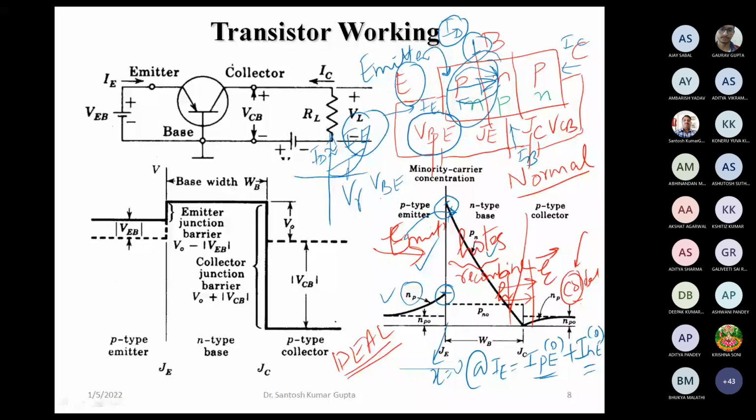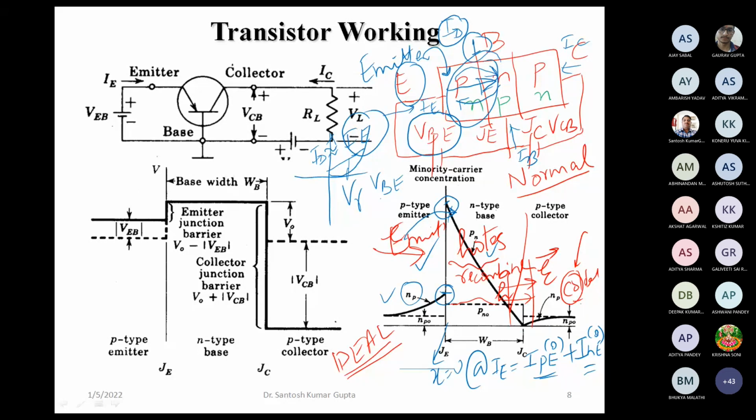But in realistic cases, we don't see this being fulfilled. Some carriers are always going to be recombined in the base, and the rest of the carriers are going to be collected by the collector. So the collector current is always going to be less than the emitter current.